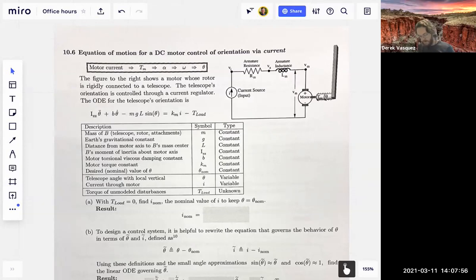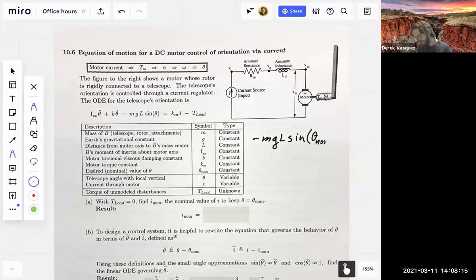So if we plug theta nominal into our equation of motion, and we know that theta dot nominal and theta double dot nominal are 0, we're left with negative mgL sine of theta nominal equals km I nominal, because the load torque is 0.